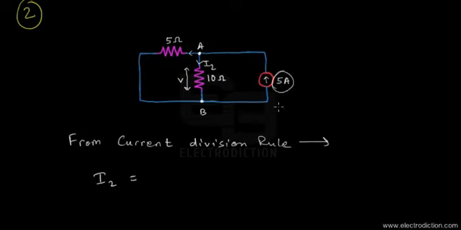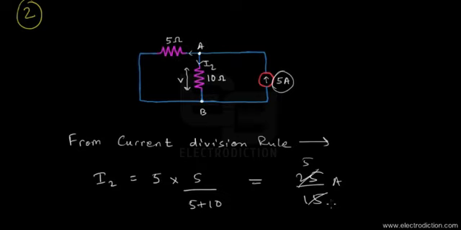That's the 5 amps being supplied from the current source, multiplied with the 5 ohms, and divided by the sum of both the resistances, 5 plus 10. That gives us 25 by 15, which we can reduce to 5 by 3. So we're getting 5 by 3 amps of current.